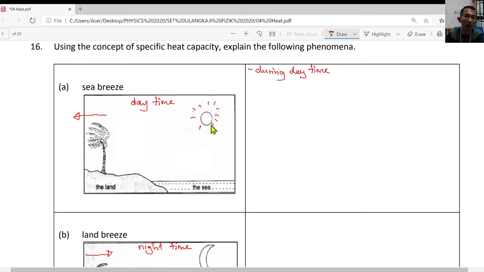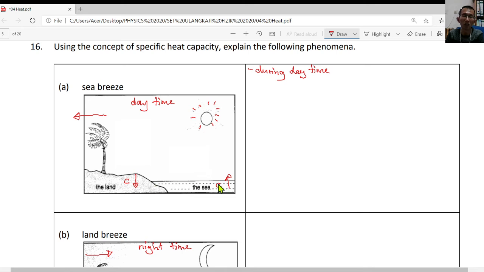But the difference is the sea has a greater specific heat capacity compared to the land. Land has a lower specific heat capacity.